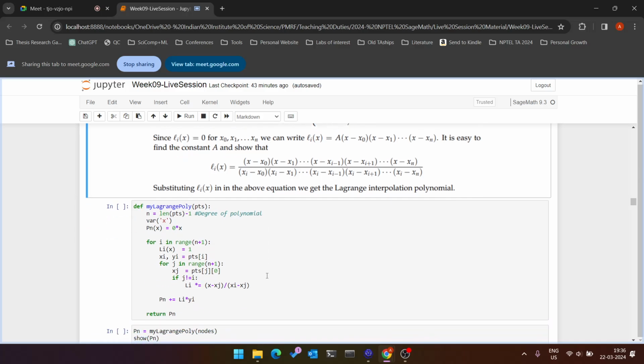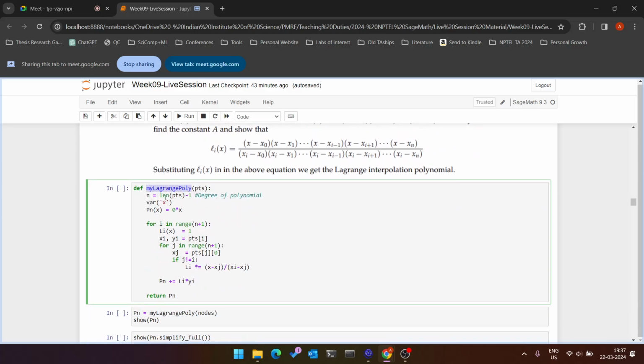And so how this works is I have defined my Lagrange interpolation polynomial function as my Lagrange poly. It takes a single input, points. n is the degree of the polynomial, which is basically the number of points minus 1. We specify the variable x, and we write down polynomial Pn of x as 0.